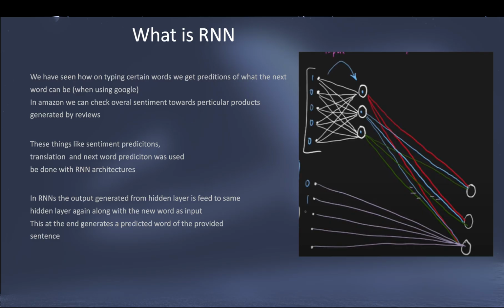I is present at the first location, so it will be one. And am compared to I is not I, so it will be zero. Then going compared to I is not I, so zero, and zero zero zero. Similarly for am, am compared with I is not I, so it will be zero, and then am is am, so it will be one, and then going and am, so it will be zero, and zero zero. That kind of simple representation we can consider in the case of bag of words. TF-IDF will be a little bit tricky, and I am not covering that in this video.